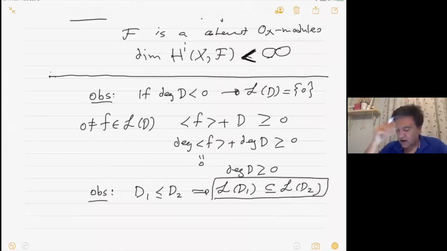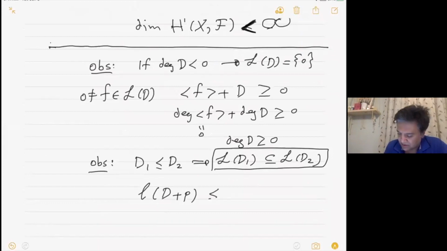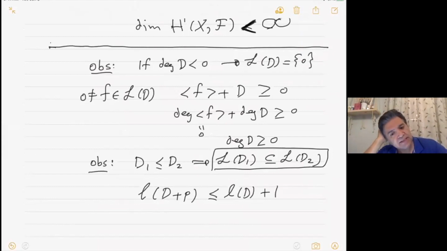So all I need to prove in order to show that L of D is finite is to prove something like this. The dimension of L of D plus p is less than or equal to the dimension of L of D plus 1. So by adding a point to the divisor, you just increase the dimension at most by 1. You can leave it unchanged, stay the same.